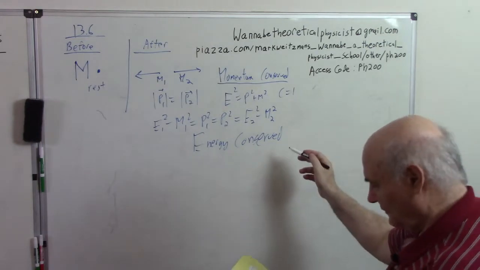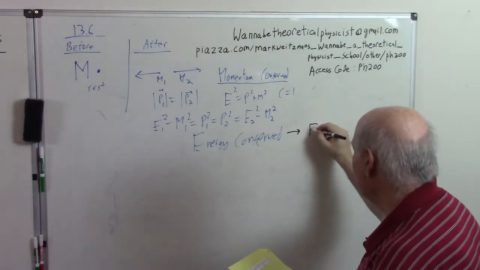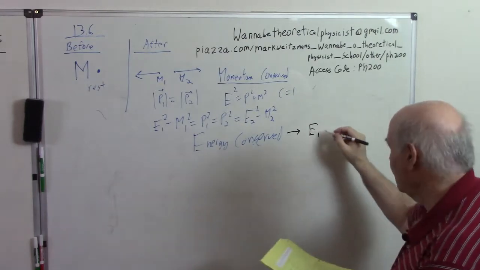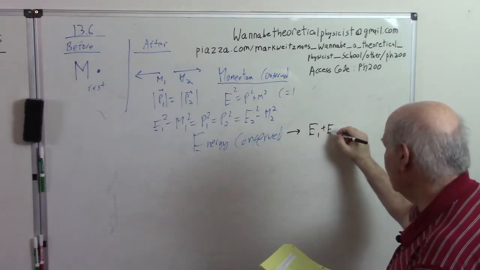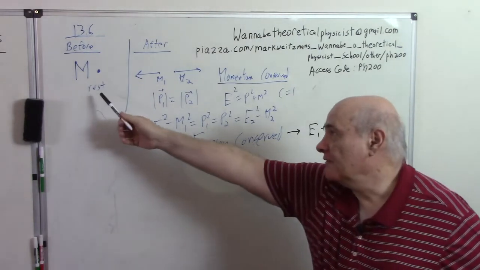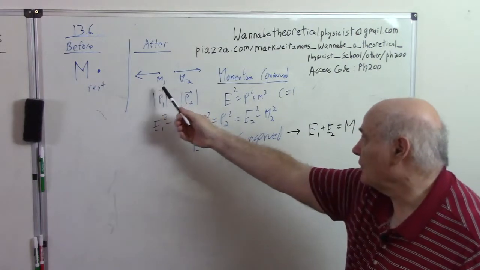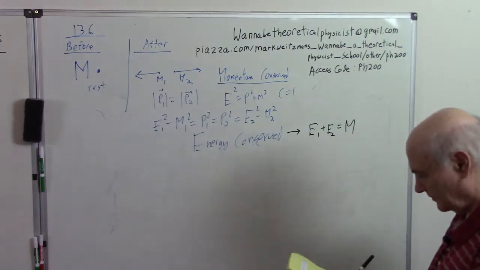Energy is conserved, so that implies that E1 plus E2 equals M. This is the energy before, the rest mass M, and this is the energy of particle 1, the energy of particle 2.